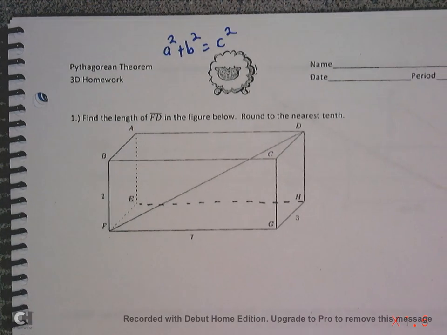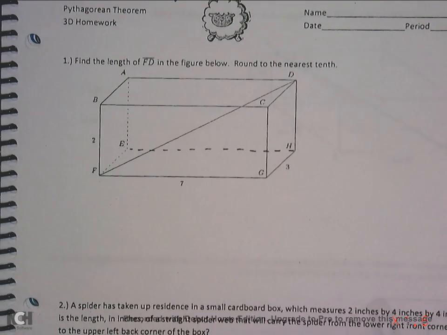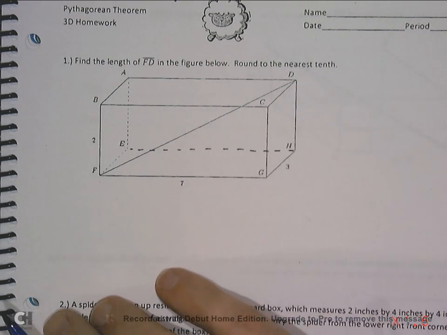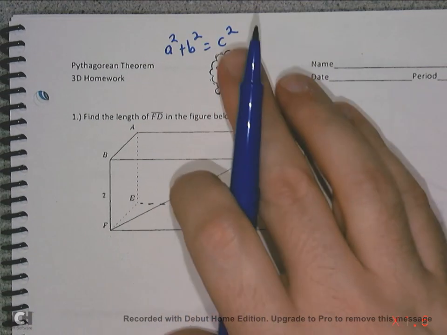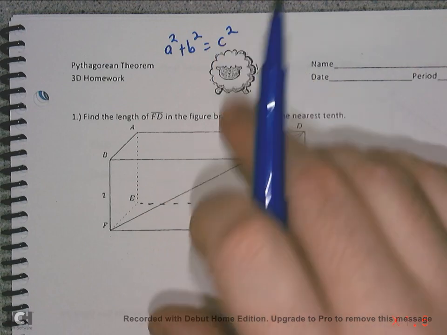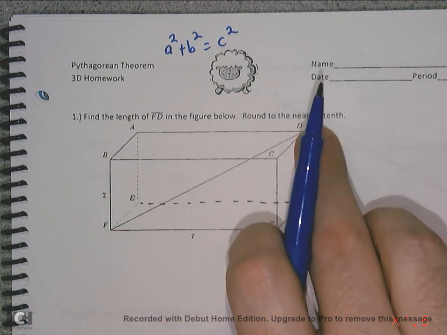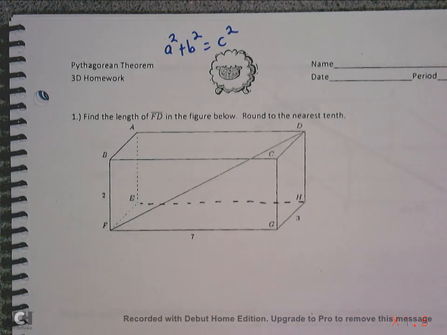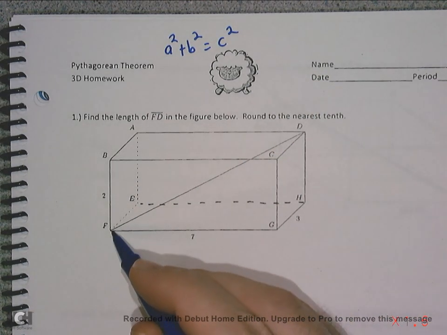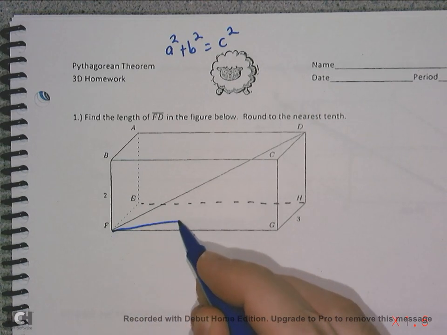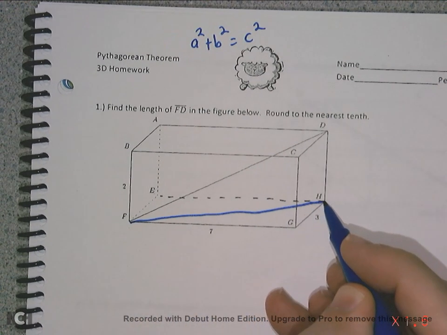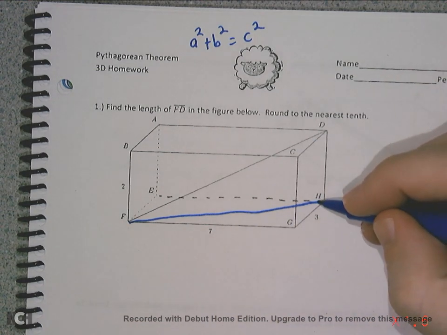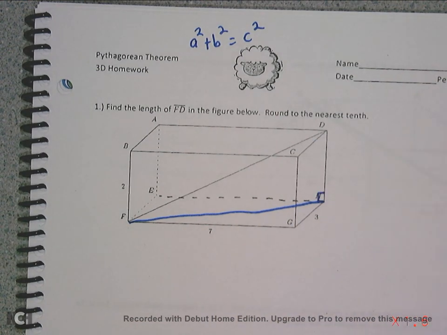When I look at this 3D shape, if I wanted to use the Pythagorean theorem to solve for this diagonal side, I would need the legs of that triangle. The legs would be this bottom diagonal going along the base of the rectangular prism, and this side. Those three sides together would form a right triangle.